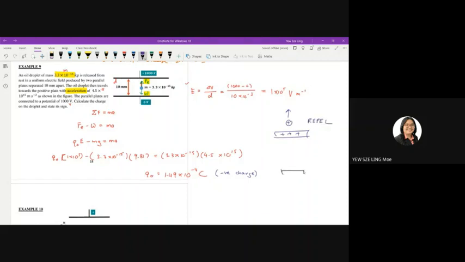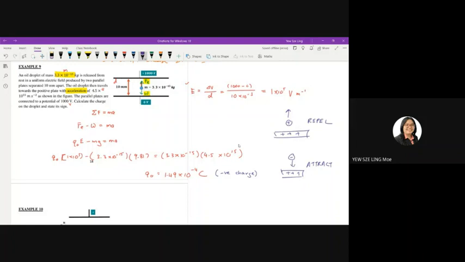But if you have a positive plate and a negative charge, then they will attract. So from here, I know that this oil droplet is a negative charge.